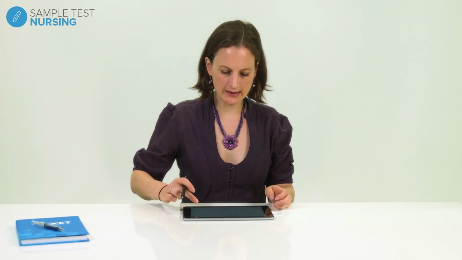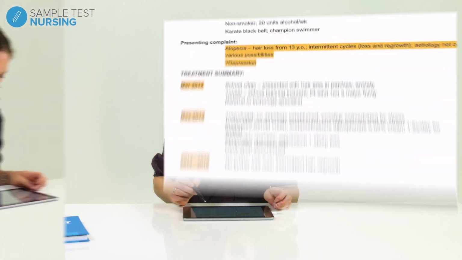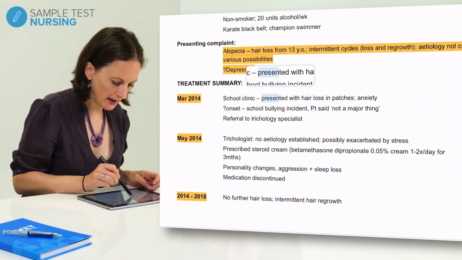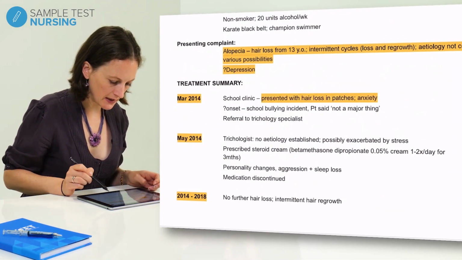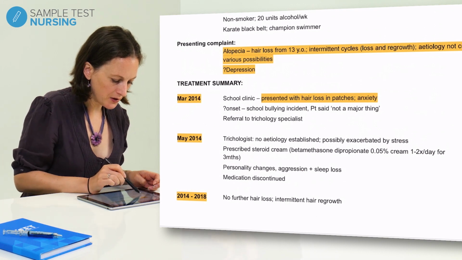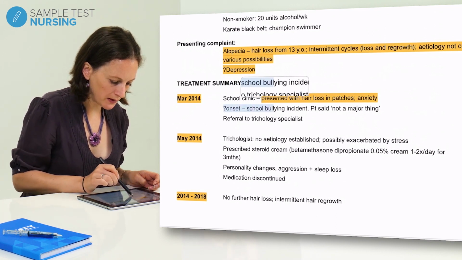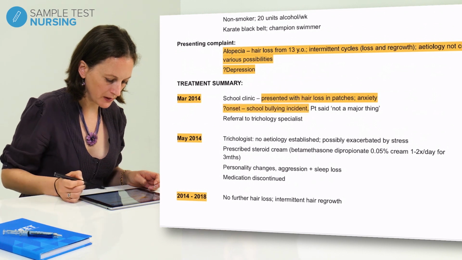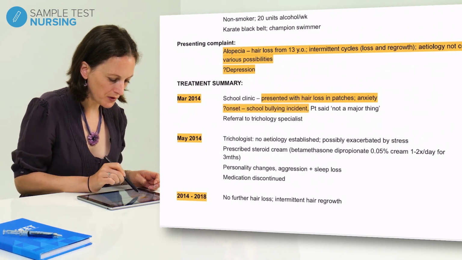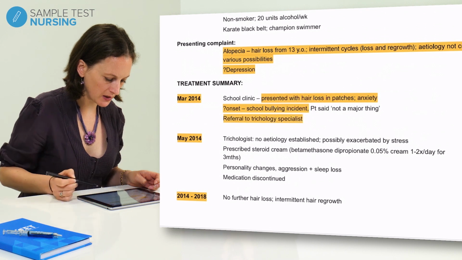Looking at each date in detail and starting in March, I noticed that Jake presented with hair loss in patches and anxiety, and that the nurse makes a guess about what could be the cause of this as a possible school bullying incident. Also that she refers him to a trichology specialist.